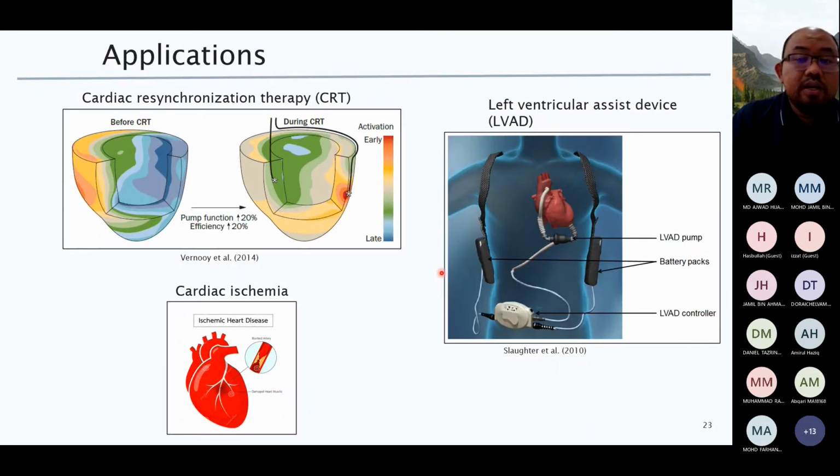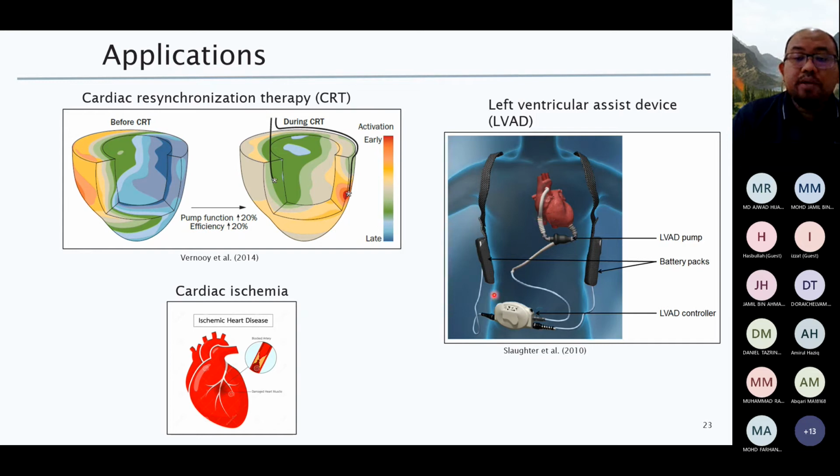One example where we can apply this model is cardiac resynchronization therapy. This happens when some part of the heart is not activated. So what do we do? We simply apply an electrical stimulus directly to the part that's not receiving the electrical signal. We can also simulate cardiac ischemia, where some part of the heart has died because it's not receiving enough oxygen.